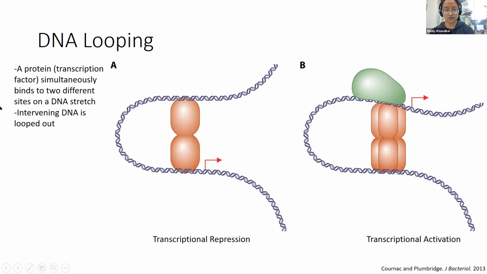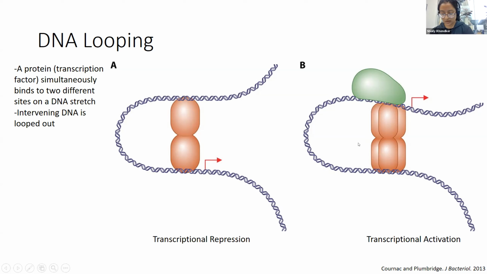So DNA looping can be used to repress transcription or activate transcription. So in panel A here, they're showing transcriptional repression. So here RNA polymerase activity is blocked. This can occur by competition for binding sites between RNA polymerase and a transcription factor, or it can occur by trapping the RNA polymerase in the DNA loop, or it can also result in prevention of recruitment of an activator.